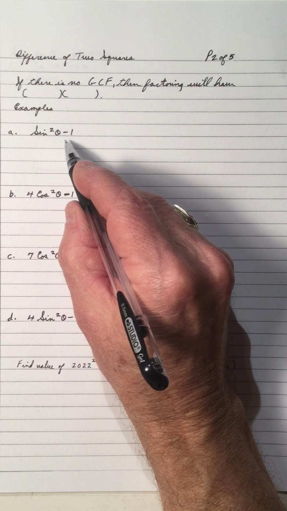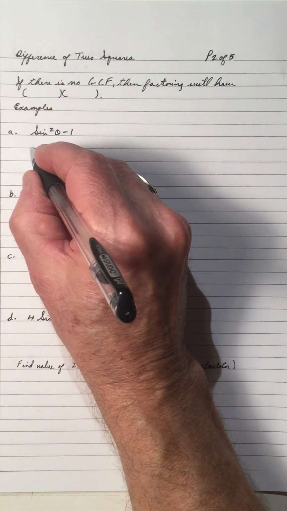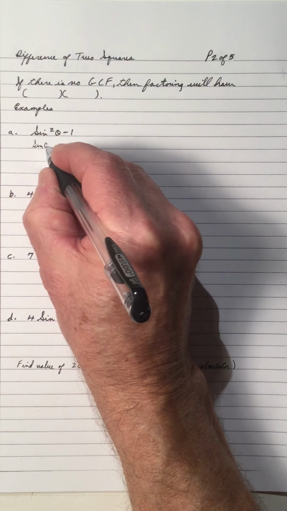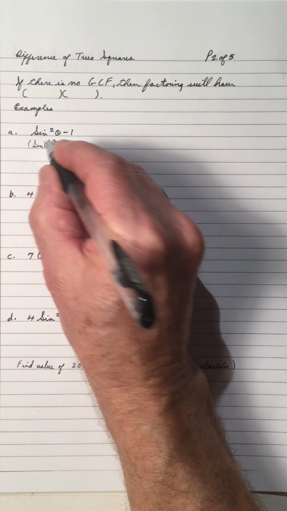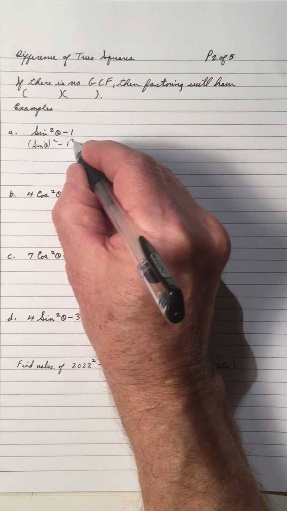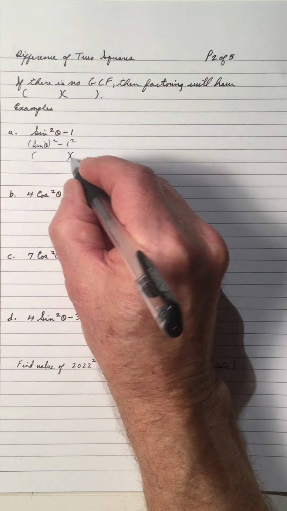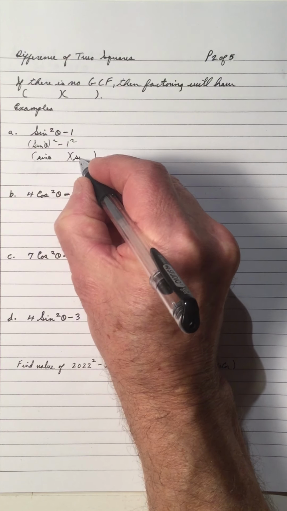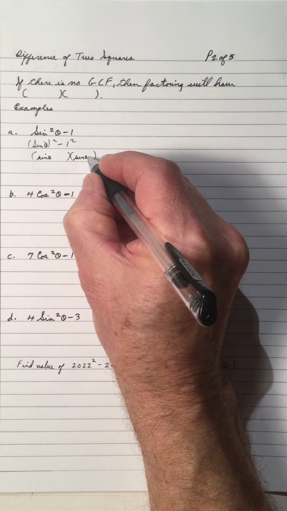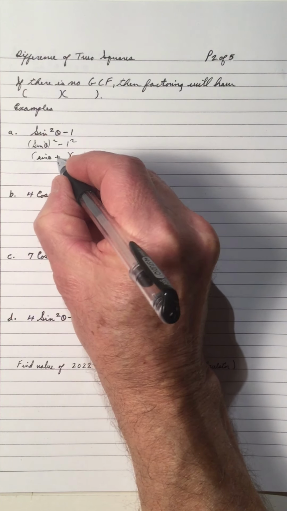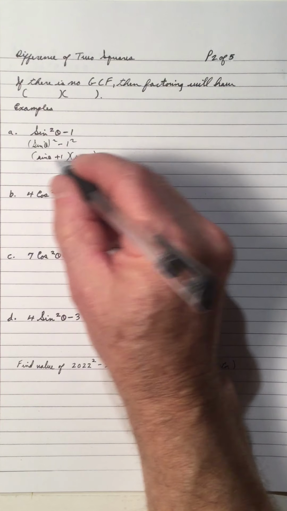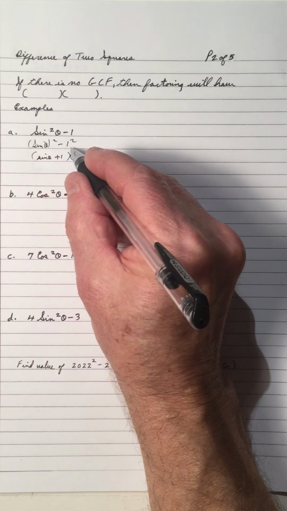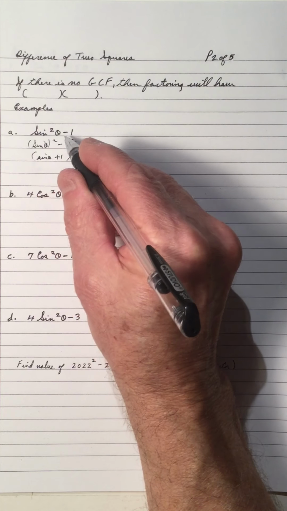Example: sine squared minus 1 is the difference of two squares because it's the sine of theta being squared minus 1 squared. So it's factored as sine minus 1 times sine plus 1. If you multiply those by FOIL, you'll end up with sine squared minus 1.